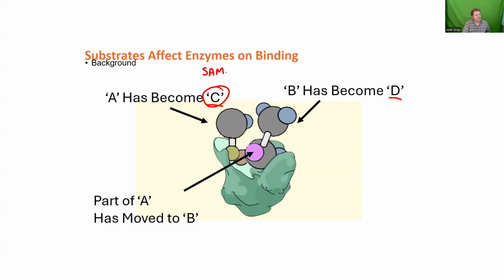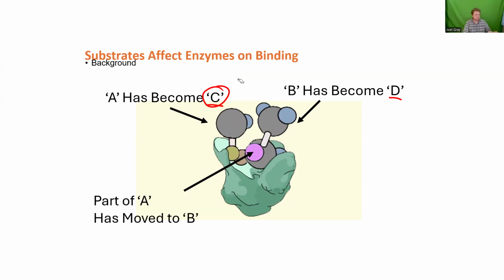Sometimes you might see it as capital S, capital A, capital M, and then a lowercase e. That is a molecule that's commonly a methyl donor in a biological system, and it's known as S-adenosyl methionine.